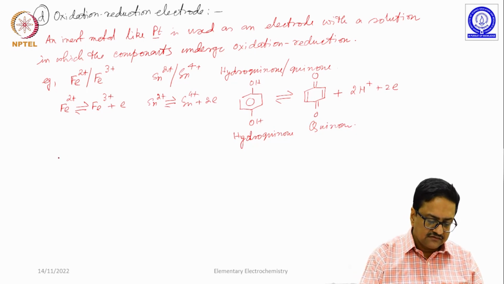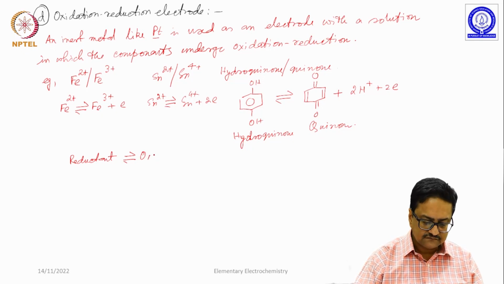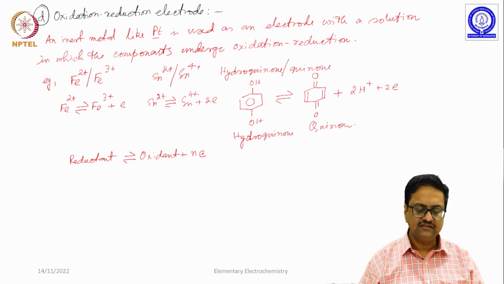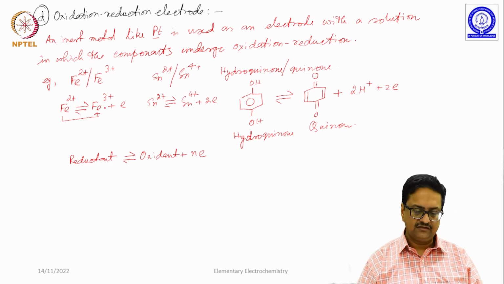So in general, one can write it as reductant is in equilibrium with oxidant plus n number of electrons, that is the difference in their charge.